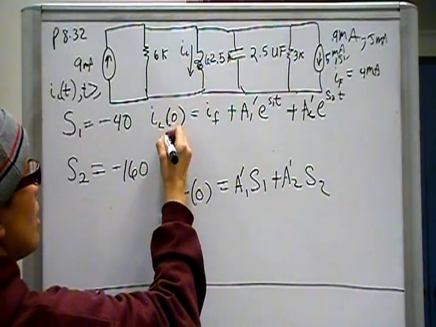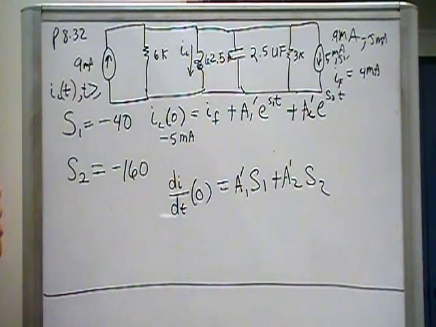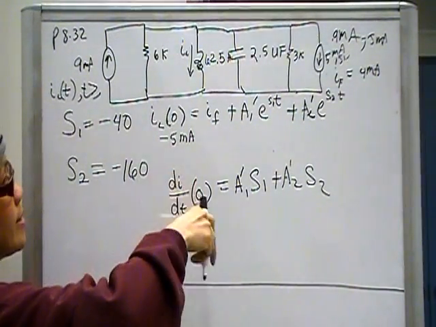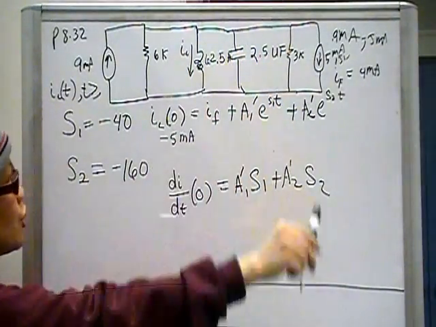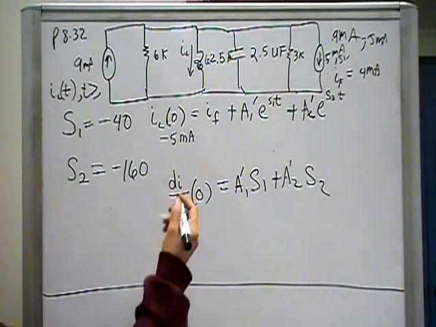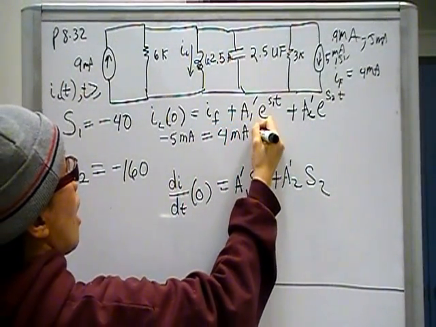So therefore, this is negative 5 milliamps. And the negative comes from the fact that the diagram defines this direction as the positive. So if the inductor current is going in the opposite direction, then the passive sign convention says that that's a negative current. The final current we said was 4 milliamps.